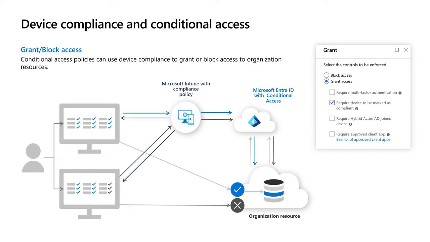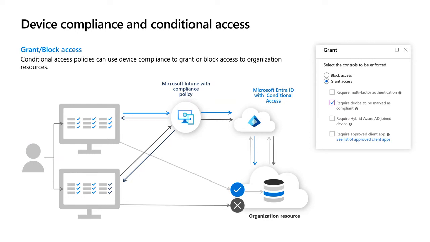What I want to articulate here is how you can take that device compliance status and apply it towards conditional access policies, right? You can create a policy that says, okay, based on this device being marked compliant, I'll allow access. If your device falls out of compliance, then I'm going to block access. Now, one thing I want to caution here: before you enforce any conditional access policy, make sure that you first configure the compliance policies, and then monitor to make sure that your devices are actually showing up as compliant before you enable this.